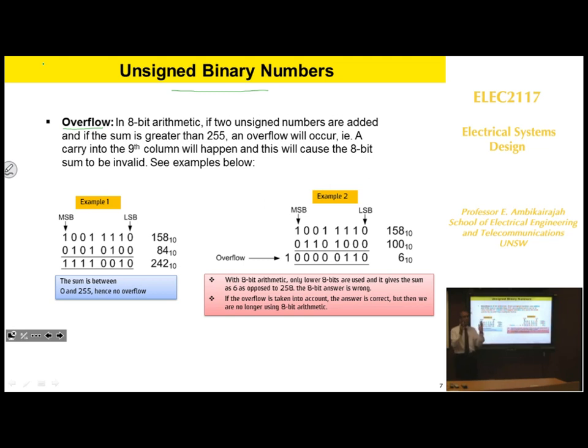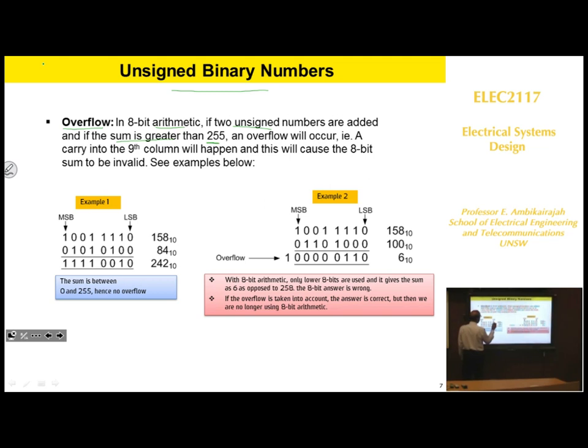For example, in 8-bit unsigned arithmetic, 255 is the maximum number you can represent. When you do an addition, if the number goes above 255, we say there's an overflow. So in 8-bit arithmetic, if two unsigned numbers are added and the sum is greater than 255, an overflow will occur.